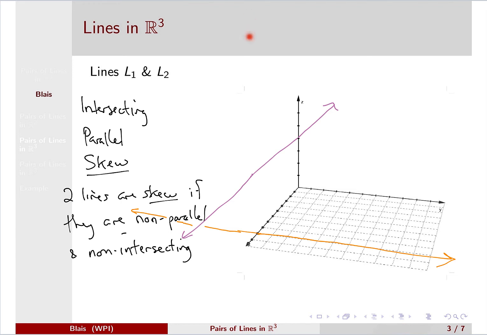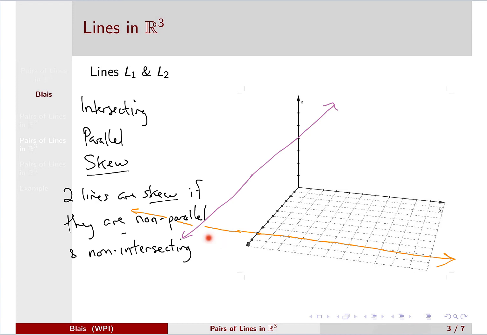So when you shine this light down, you see the shadow of these two lines in the xy plane. And because these lines aren't parallel, those shadows have to intersect in the xy plane. And so you find the point of intersection of their shadows.